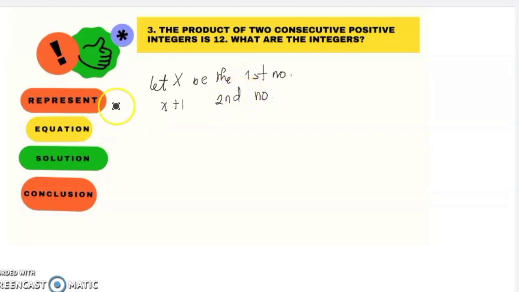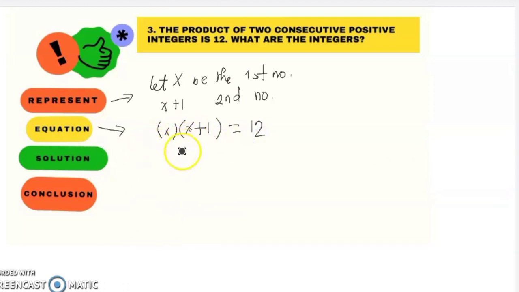Okay. So, we can now form the equation. So, the product of two consecutive positive integers is 12. So, in writing it in equation, we will have x times x plus 1 equals 12. And now, we can solve it.